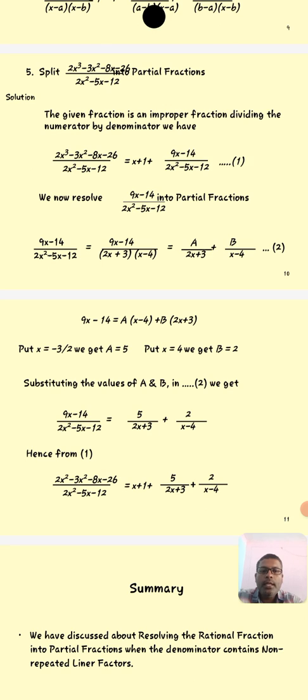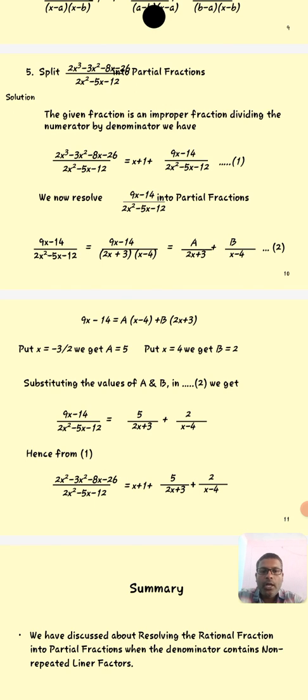Now we do the LCM part. The denominator will be cancelled. The remaining we get 9x minus 14 equals A into (x minus 4) plus B into (2x plus 3).